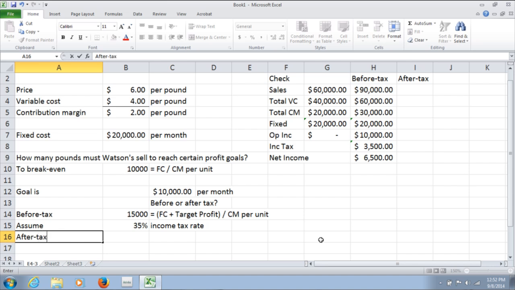So if the goal is an after income tax number of $10,000 per month, we have to convert this to a before tax number.